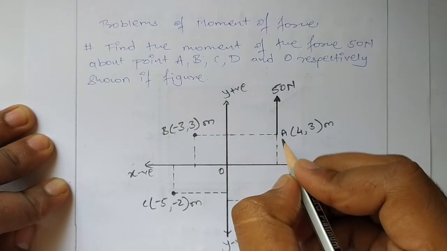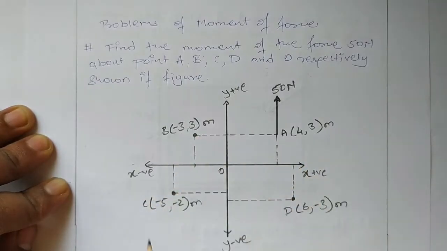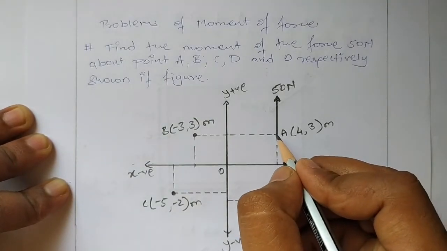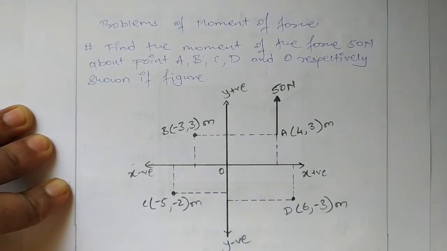The coordinates are A (4, 3), B (-3, 3), C (-5, -2) and D (6, -3). So we will see the moment about point A now. The moment about point A is given to be 0, and let us understand why it is 0.